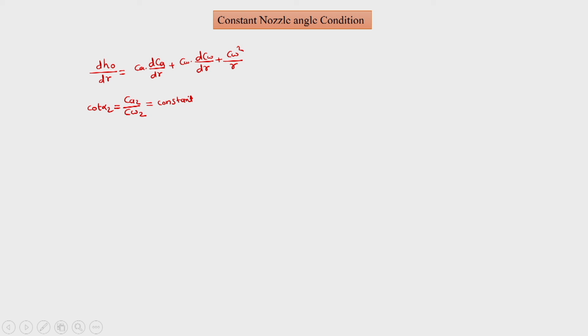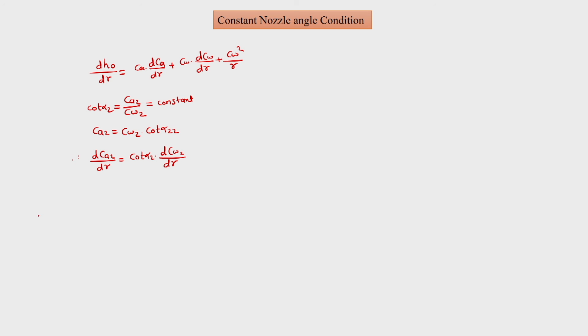And since it is a constant, we can have it same at different altitudes. So we have Ca2 is equal to Cw2 cot alpha 2. So we have dCa2 upon dr is equal to cot alpha 2, a constant, into dCw2 upon dr.